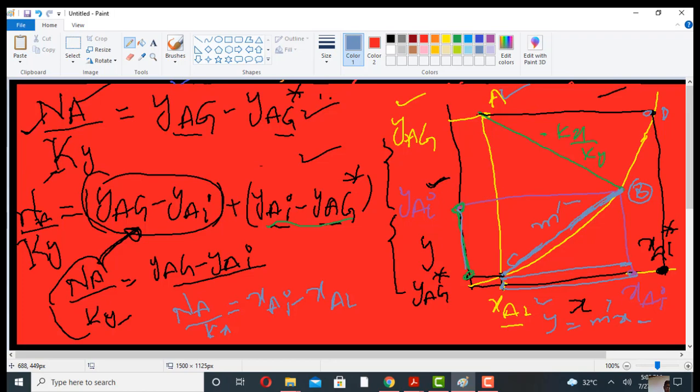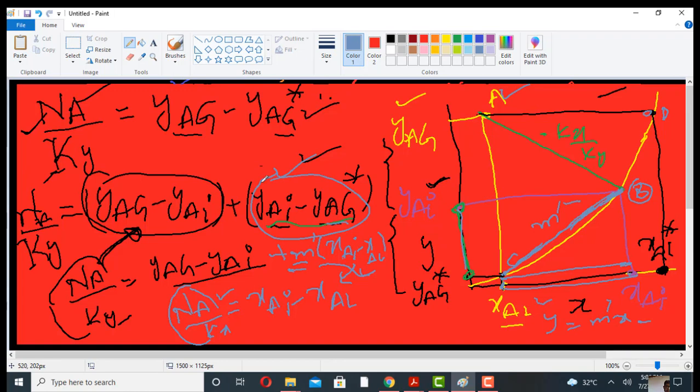So again, in place of YAI minus YAG we will put m dash into XAI minus XAL, and in place of this XAI minus XAL we will put NA divided by Kx. So in place of XAI minus XAL we will put NA by Kx, and we will multiply the slope, so we will get this term.